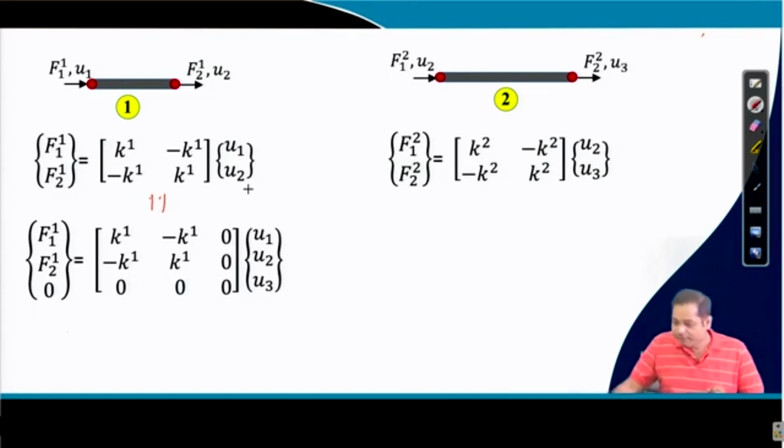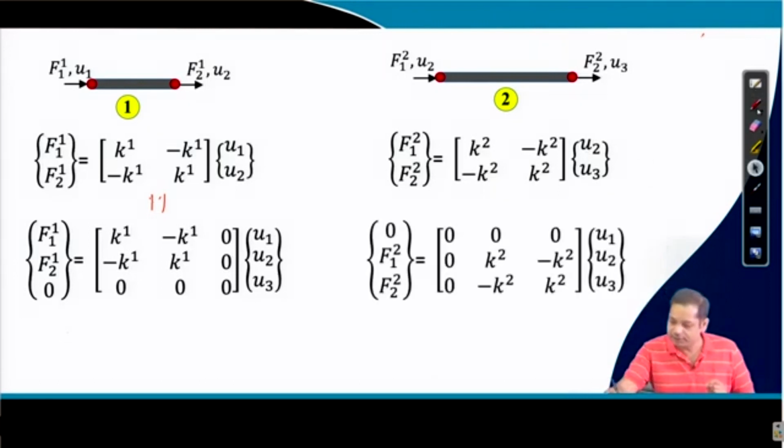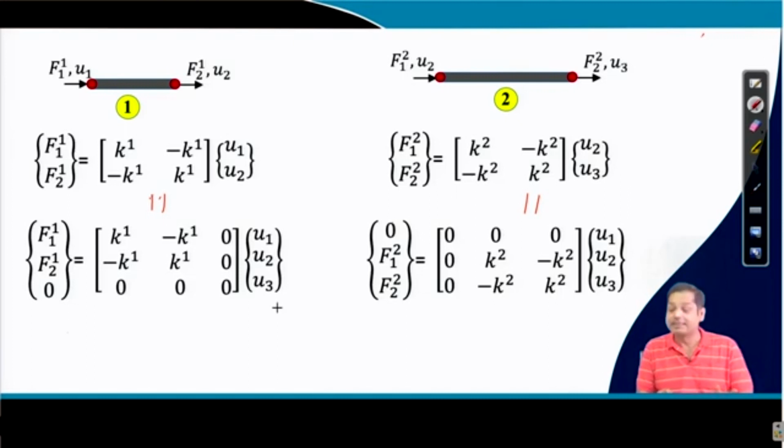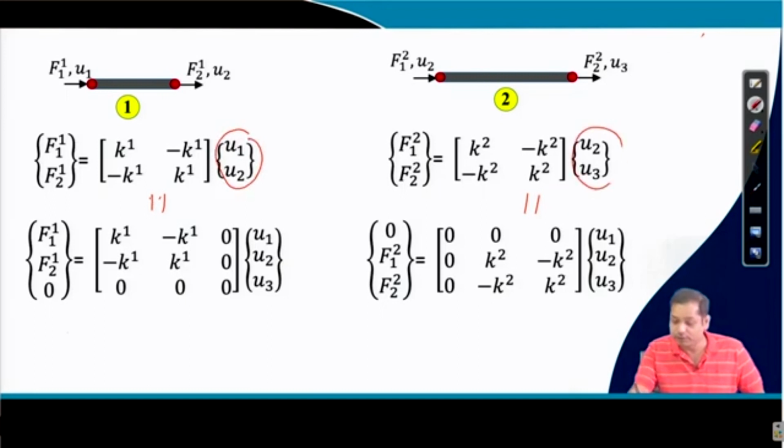Similarly, this can also be written like this, again the same, but with U1, U2, U3 here and U1, U2, U3 here. Once we have written it like this, the advantage is that we can directly add them, which would have been difficult before, because here it is U1 and U2, and here it is U2 and U3.